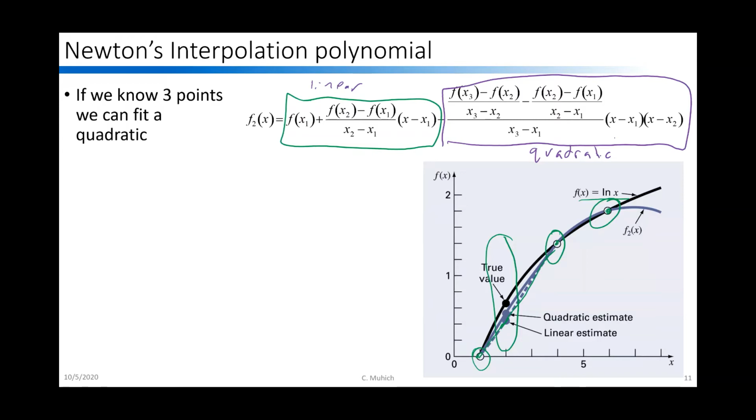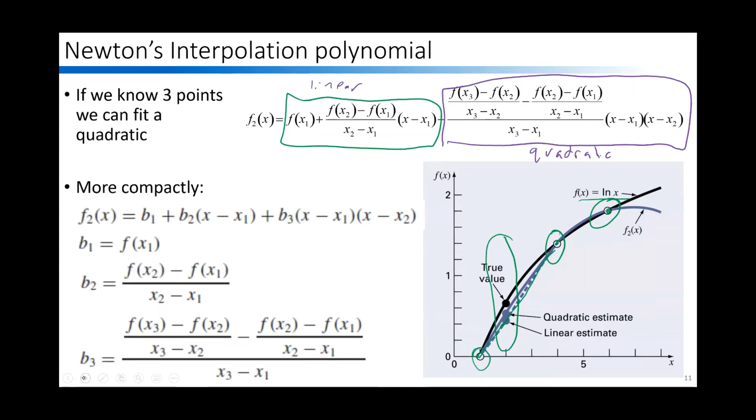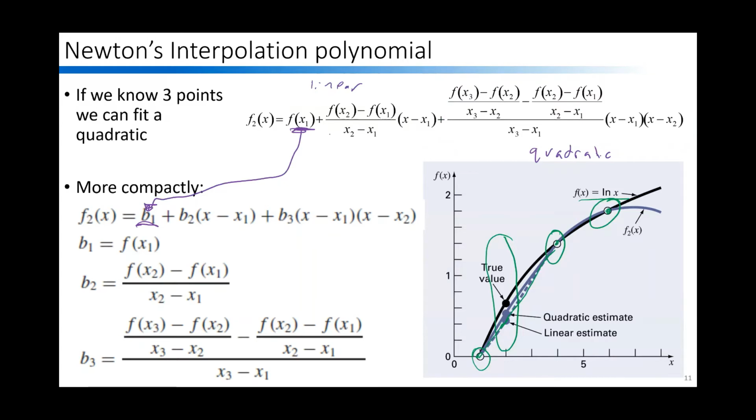I'm not going to go through the derivation, but we can go through each of these individual pieces. We can write this more compactly by looking at each of these terms. So here we have this f of x, which has no dependence on x, so I can put this out by itself in this term b. If I then look at the second term, I see that I have a piece which depends on x, our dependent variable, and a piece that does not depend on x.